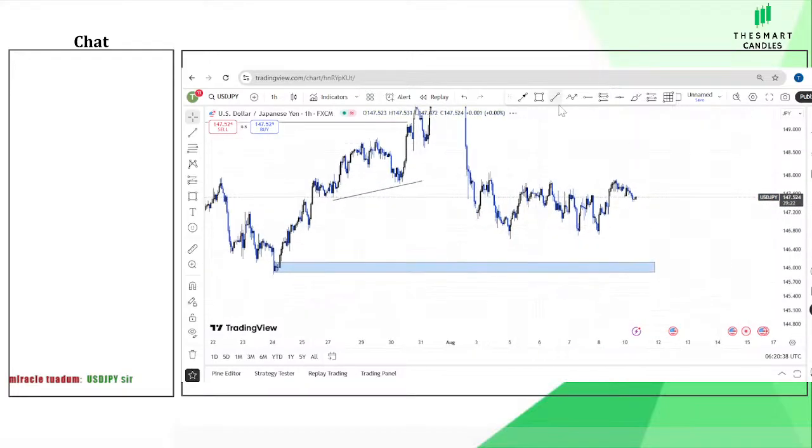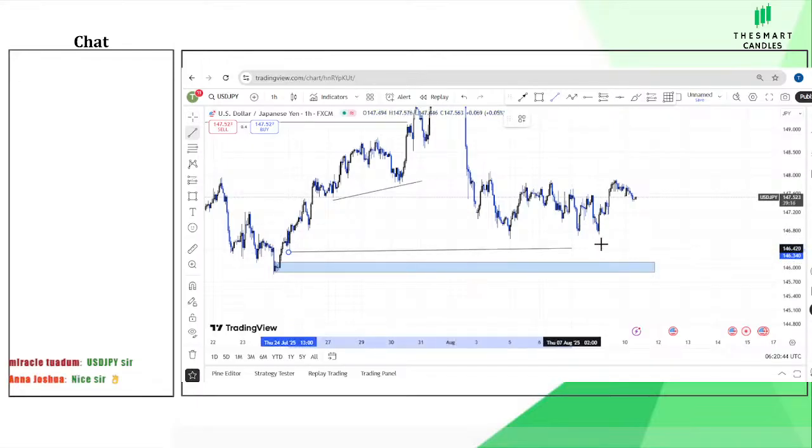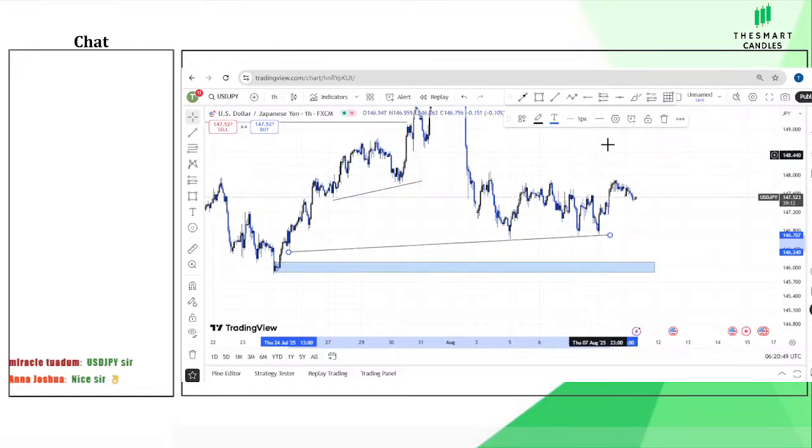We have all of this as our liquidity. This is our liquidity on 1 hour.